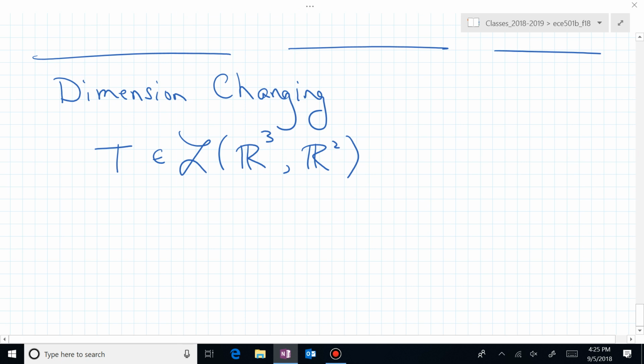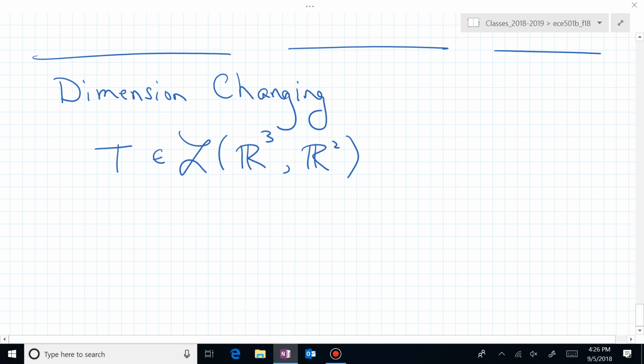Or what would that look like? I'm kind of getting ahead of myself, but if you're trying to think of what in the world dimension changing means, we'll write it a little bit differently right now, but if you're grappling with what that means, what would that look like maybe as a matrix?